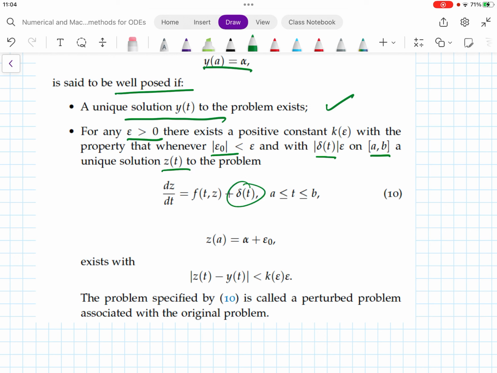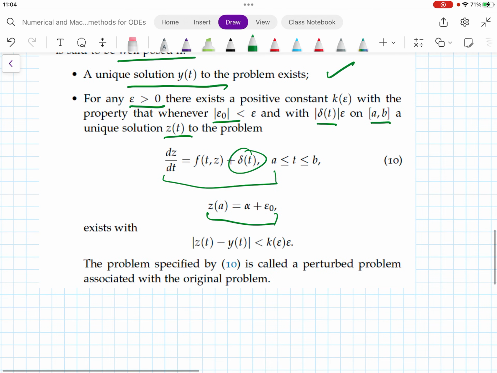So by adding a small perturbation onto our original equation, we get a new answer. But that new answer is within reason of that perturbation. So what it's saying is, if you do something small, it shouldn't matter too much. Now, of course, there are bifurcation points, but really all once again is saying not infinite.